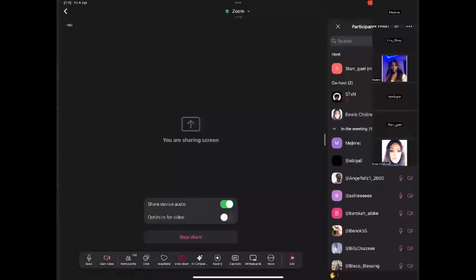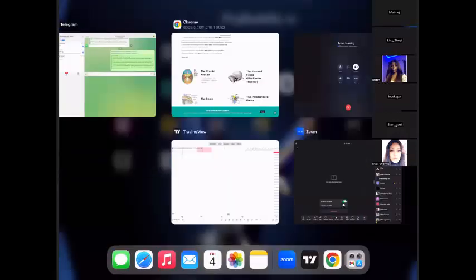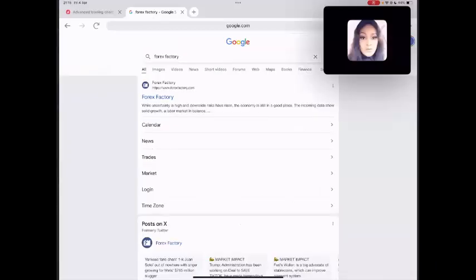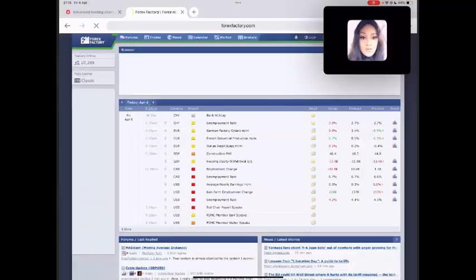Now, if you look at my screen, this is forexfactory.com. So you just go to your browser or whatever search engine you like to use, you type forexfactory.com and you get a page like this. Now, this is what the page looks like, right?